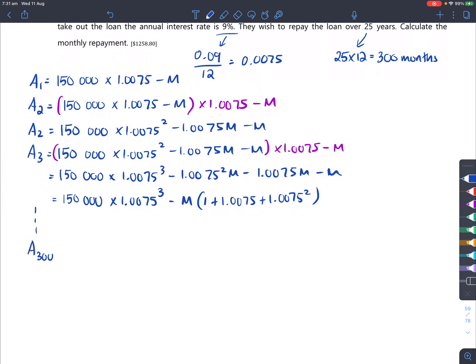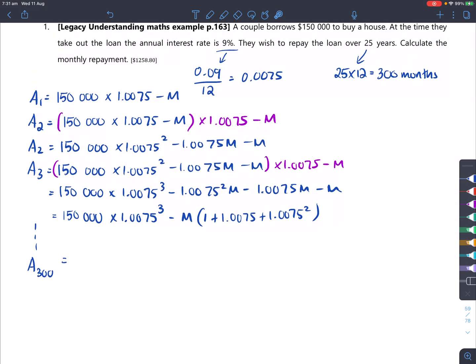A300. So we see what happens after 300 months. If we have a look at the same pattern here, if this is 150,000 times 1.0075 to power 3, that's the same as this 3. So if this is 300, then it should also start with 150,000 times 1.0075 to power 300.